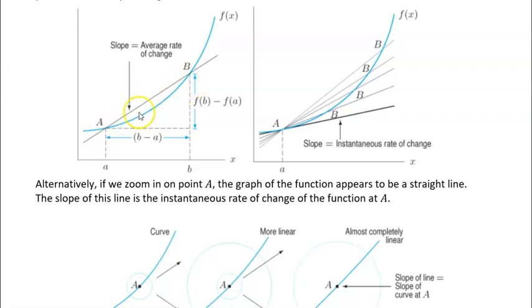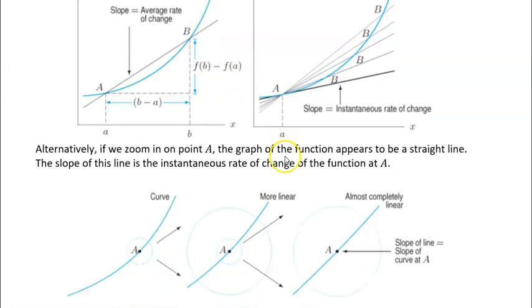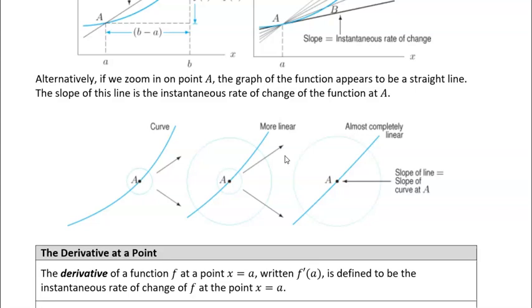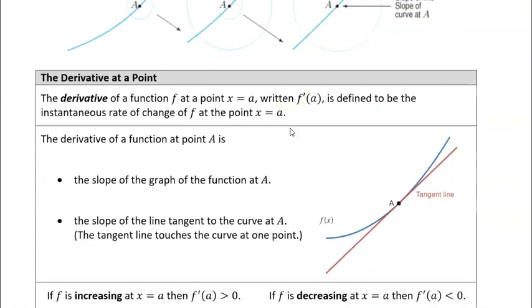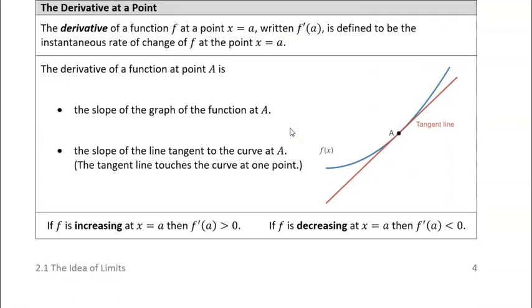And as those points get closer and closer together, the line touches at 1 point instead of 2 points, and we call that a tangent line, where it just kisses the graph. Okay, and so the derivative of a function is the slope of the graph at that point, or the slope of a tangent line at that point.